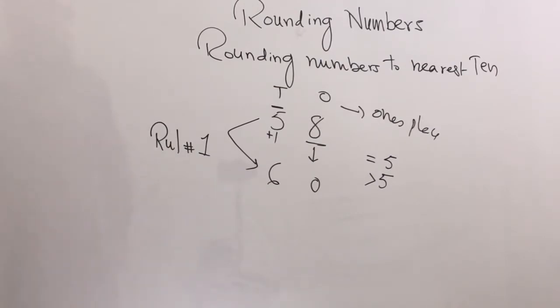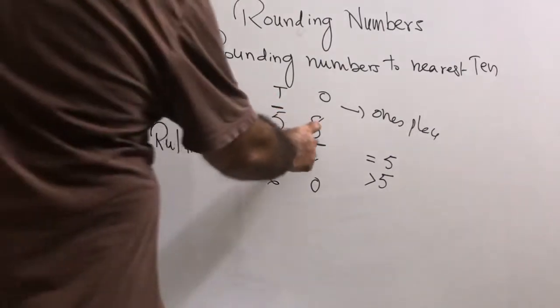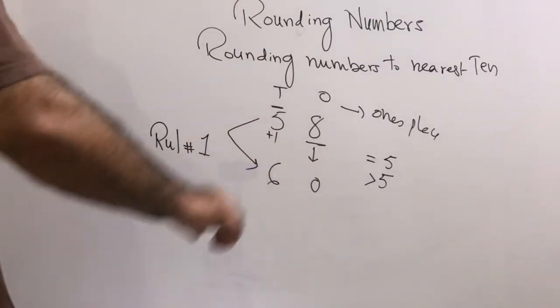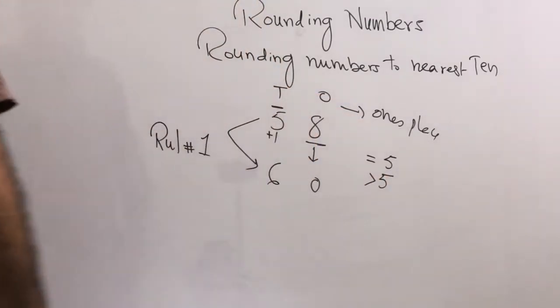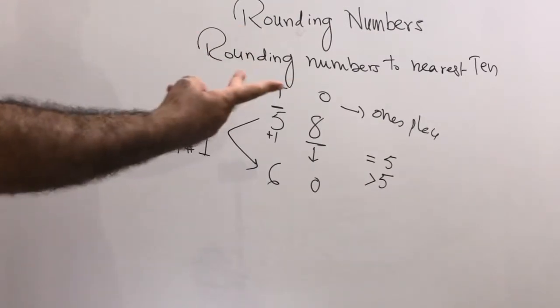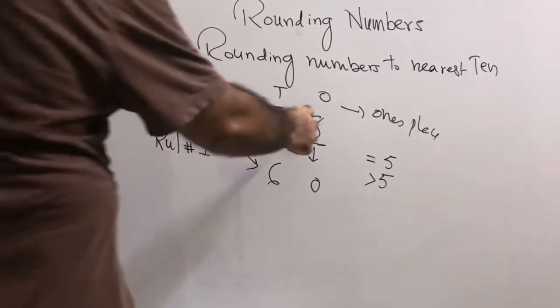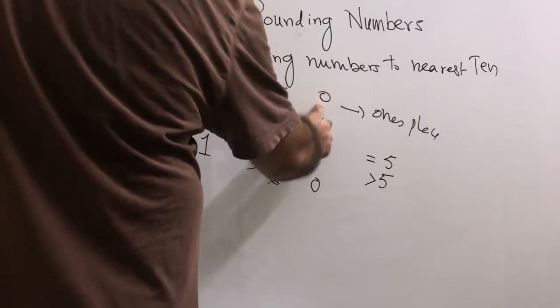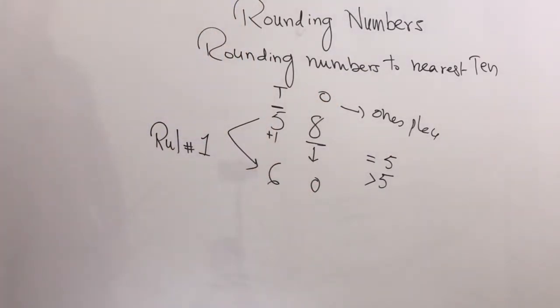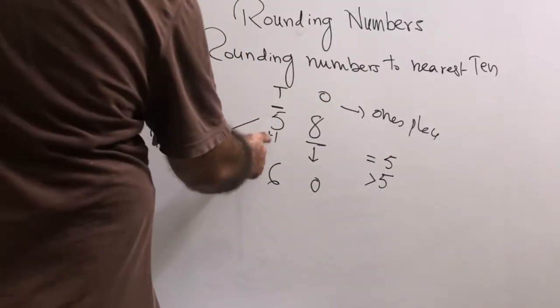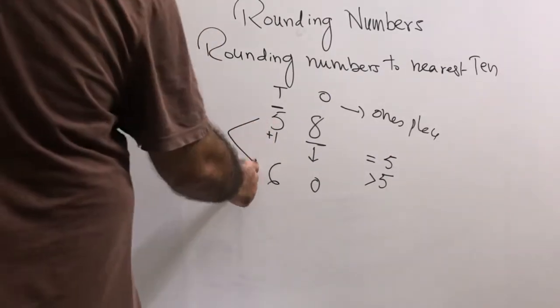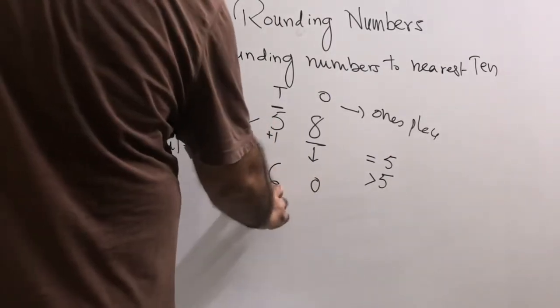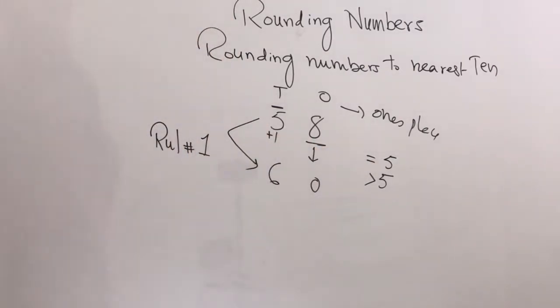We see if this number on the ones place is equal to 5 or greater than 5, then we do two things. One thing is we make this ones 0 and then we add 1 number to tens place, it becomes 6. Okay, 60 is the answer for this one.